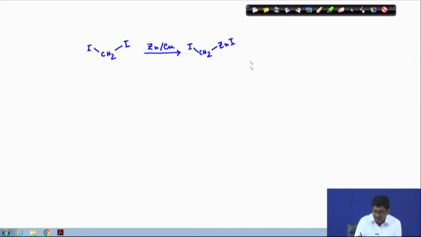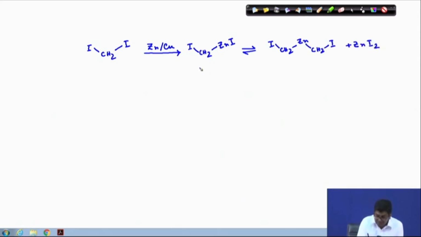Then it will be in equilibrium with another zinc species, plus zinc iodide.